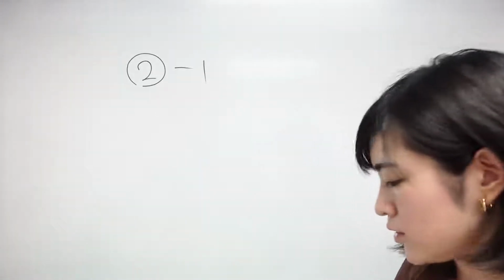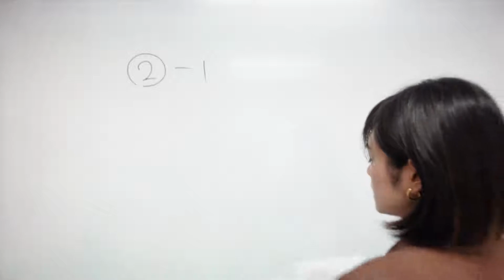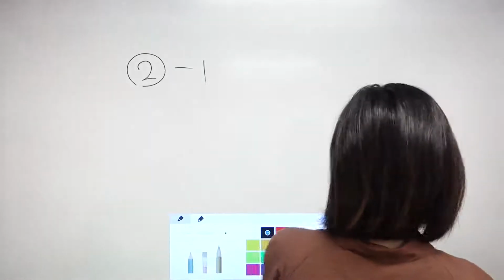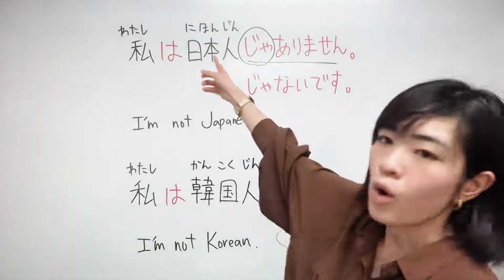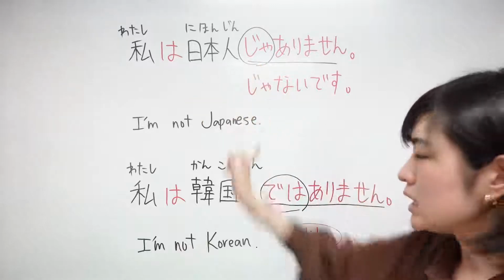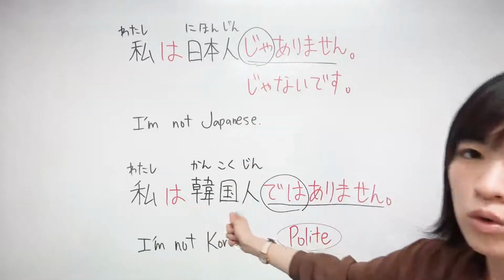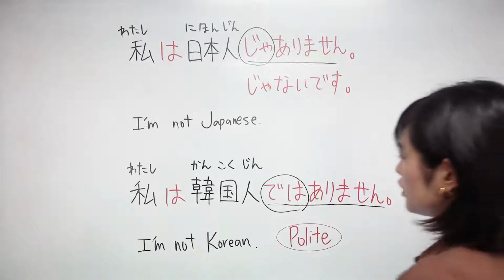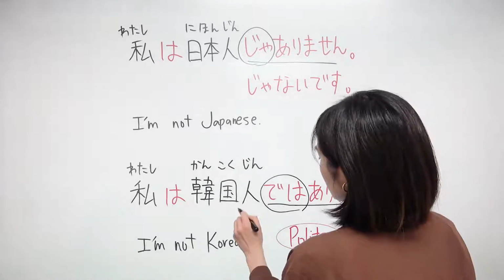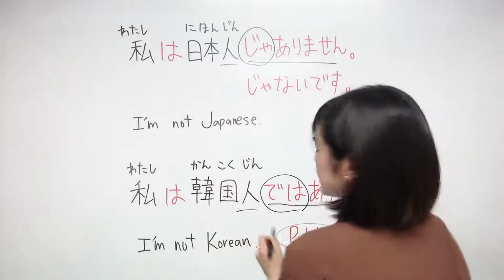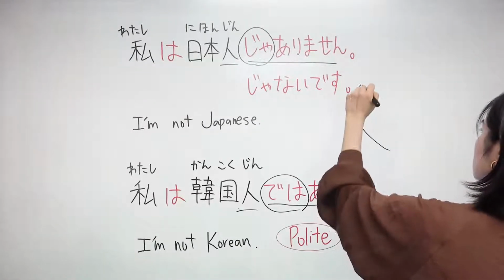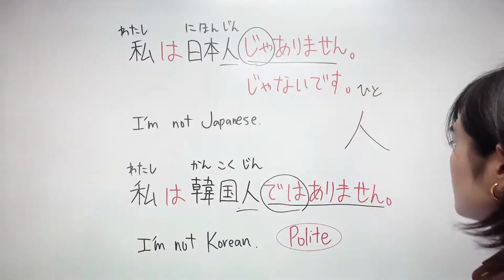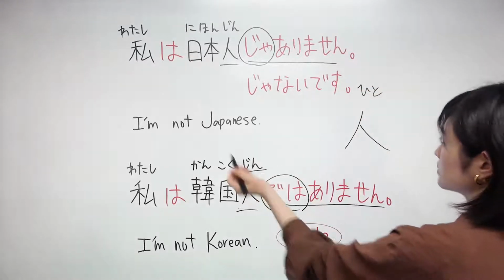So, did you find your country? And before in our sentences, we said 日本人, Japanese, and 韓国人, Korean. These have the kanji 人, right? Person. You can also read this 人.